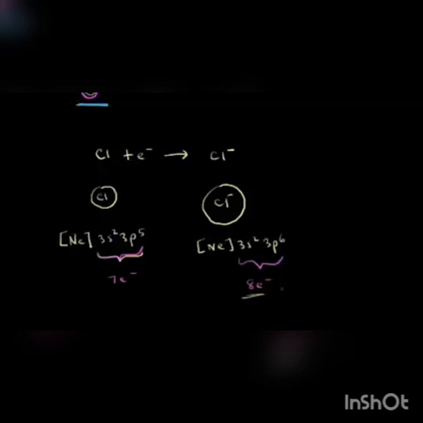However you want to think about it, generally the anion is larger than the neutral atom. In terms of the explanation, you could think about it as electrons repelling each other if you wanted to, despite the fact that people disagree with that. You could think about just more stuff as a really simple way of thinking about it. But again, in general for exams, think about the anion being larger.